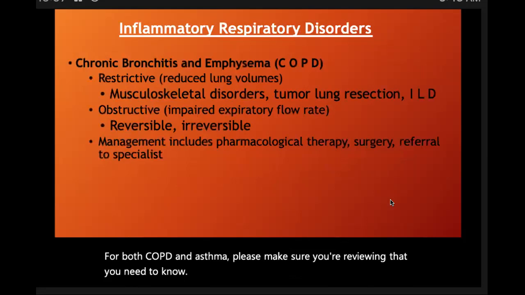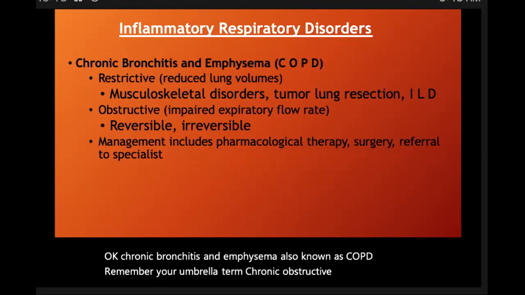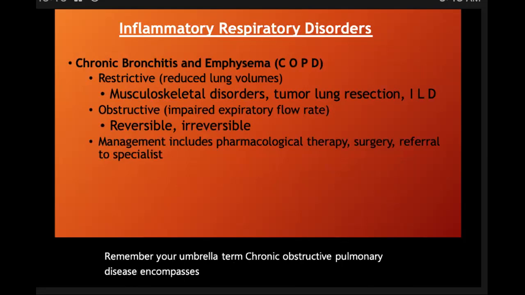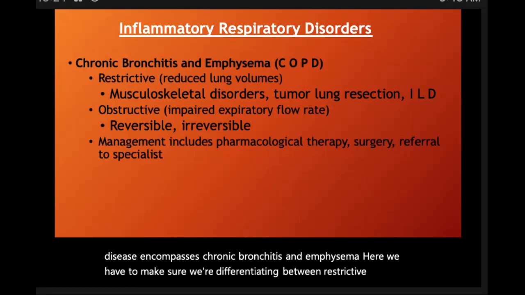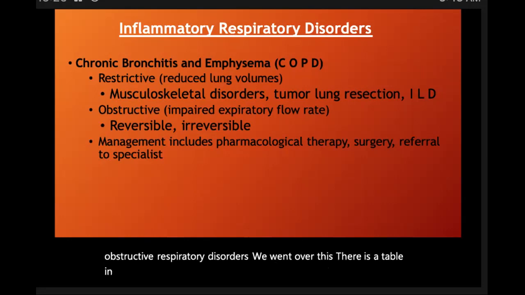Okay. Chronic bronchitis and emphysema, also known as COPD. Remember, your umbrella term, chronic obstructive pulmonary disease, encompasses chronic bronchitis and emphysema. Here we have to make sure we're differentiating between restrictive versus obstructive respiratory disorders. We went over this. There is a table in here that I'll show you further in the slides, so I'll show you that when we get to it.